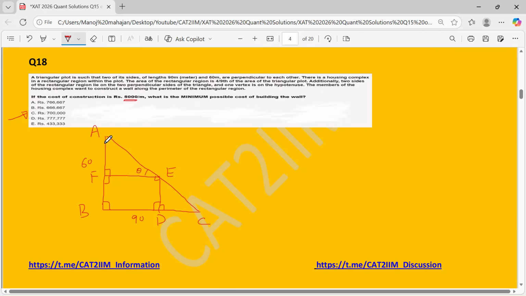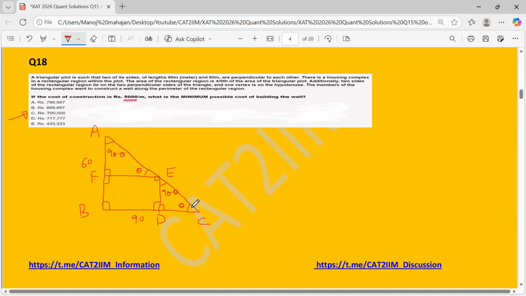So this would be 90 minus theta, since the sum of the angles of a triangle is 180, and this will be theta. Whether I pick triangle ABC, or AFP, or EDC, all the angles come out to be the same, so you can use the similarity concept, AA or AAA, here.